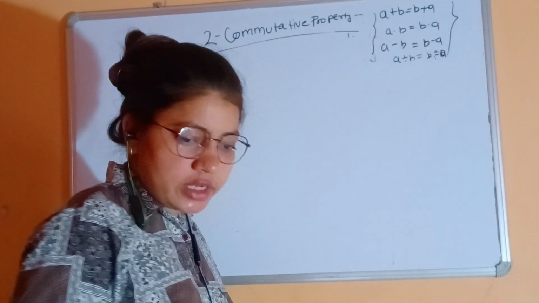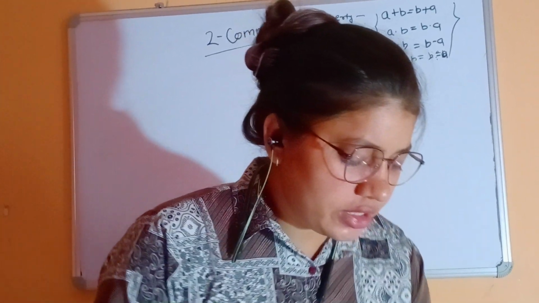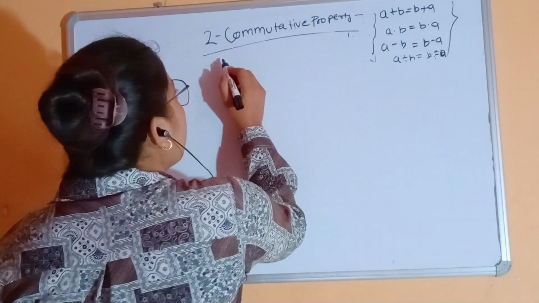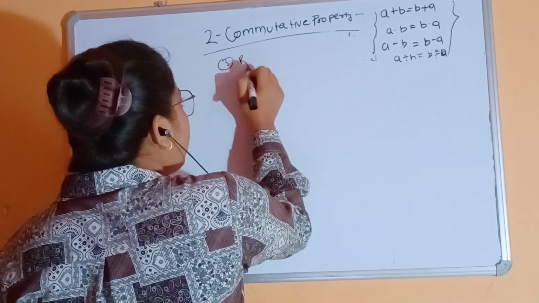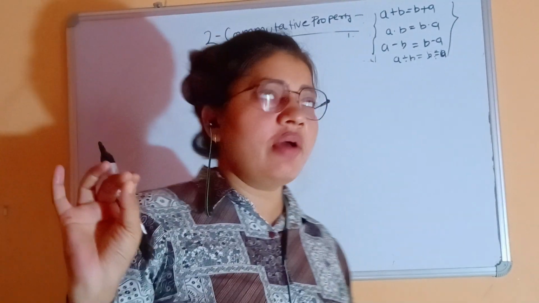So here we discuss the rational number example. First we took whole numbers, second we took integers, and now we take the example of rational numbers, starting with addition.